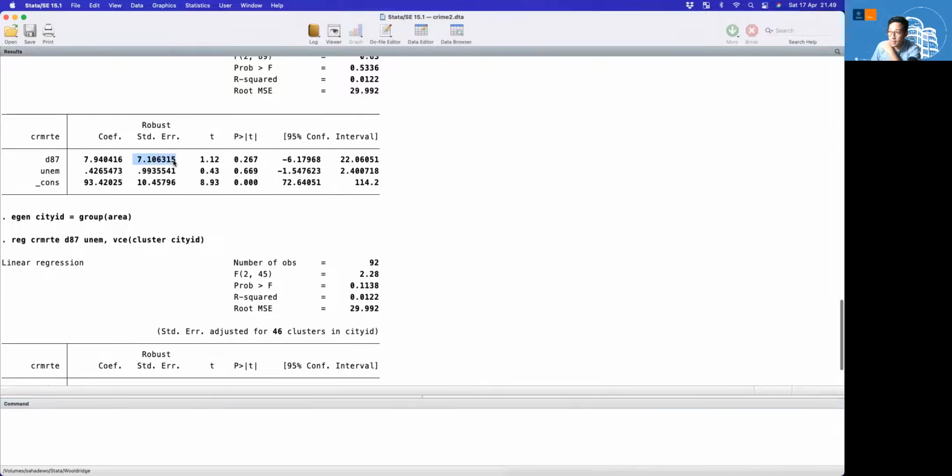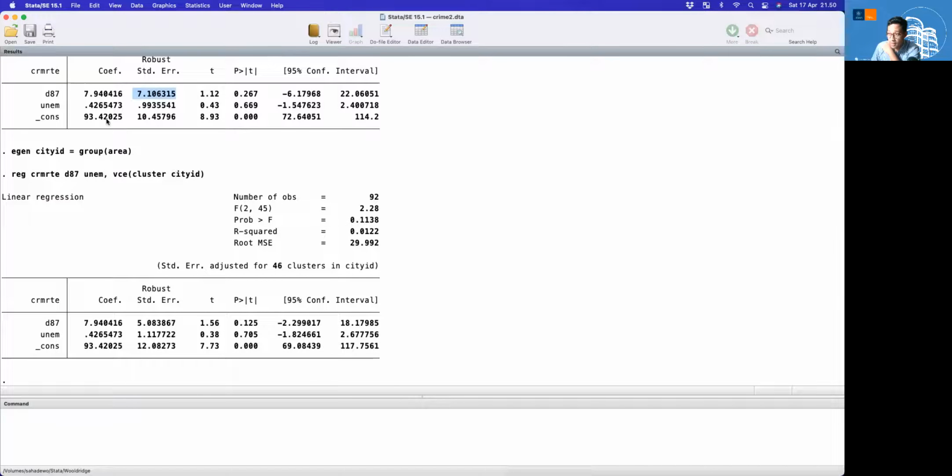As you can see, after I adjust for the standard error, the robust standard error from the first regression using just a general form of heteroscedasticity is actually different from the second one. In particular, the estimated standard error using the cluster robust standard error is higher.